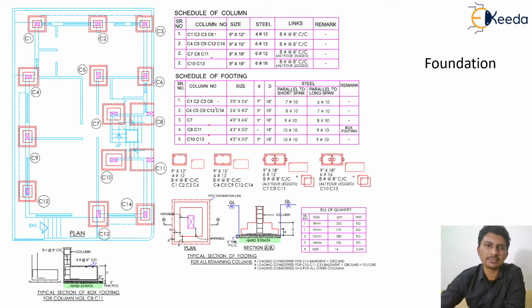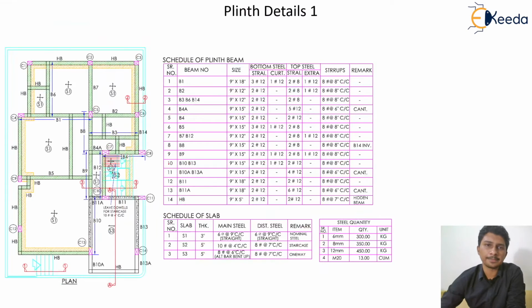We have four types of columns, and the foundation types are different because the column spacing is different each time. Here, C8 and C11 are eccentric columns, so you need to learn about them also. Calculating their quantity is nothing different; you just have to go for LBH. First you calculate the excavation, then slowly move onwards to the quantity calculation of the concrete, shuttering and everything.